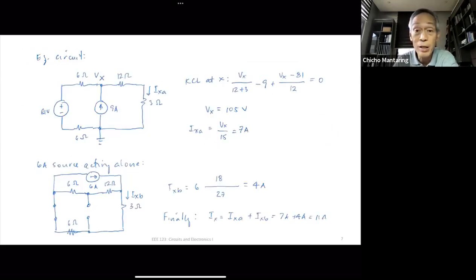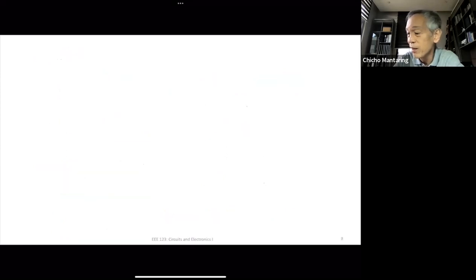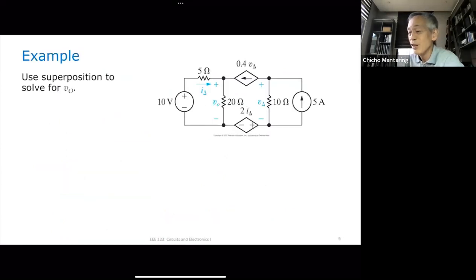Are there any questions with regard to this problem? Okay, let's make it a little bit more interesting now. Use superposition to solve for V sub O. This is what I want to solve for, V sub O. I have 4 sources in the circuit, 2 dependent sources, 2 independent sources.